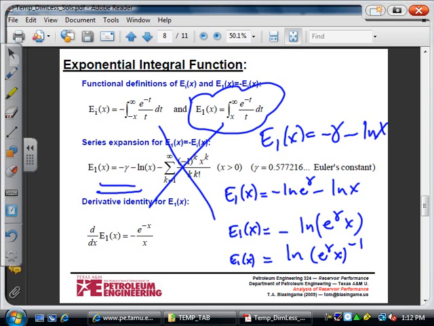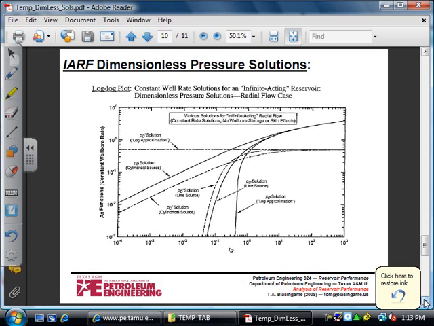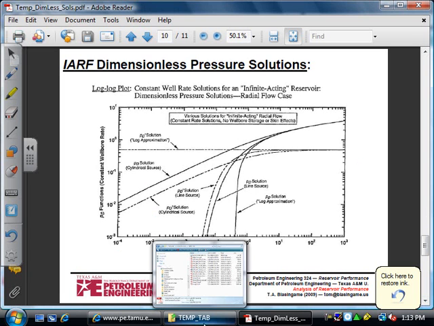Okay, so you can do this. This is basically the equation that I showed on the previous slide. So this is a way to approximate the exponential integral. And then if you do this, and then plot your results.